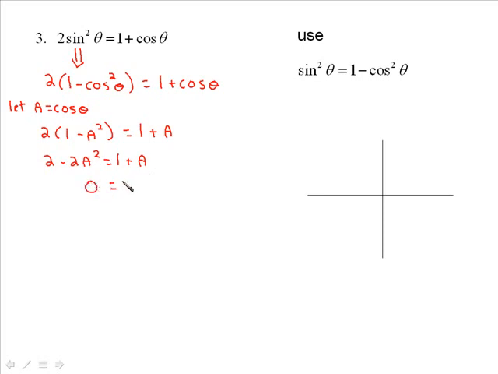I'll take it to the right side. I'll take that 2A squared over, so it's positive. The A is already there, positive. Subtract the 2 away and we get minus 1.